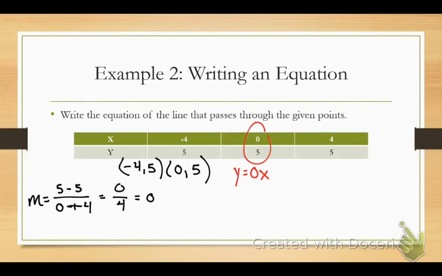So this would be your half credit answer. Because 0x, what's 0 times literally anything? 0. You should write it y equals 5. Y equals 5. This is a horizontal line. A horizontal line has a slope of 0. All right, any questions so far?